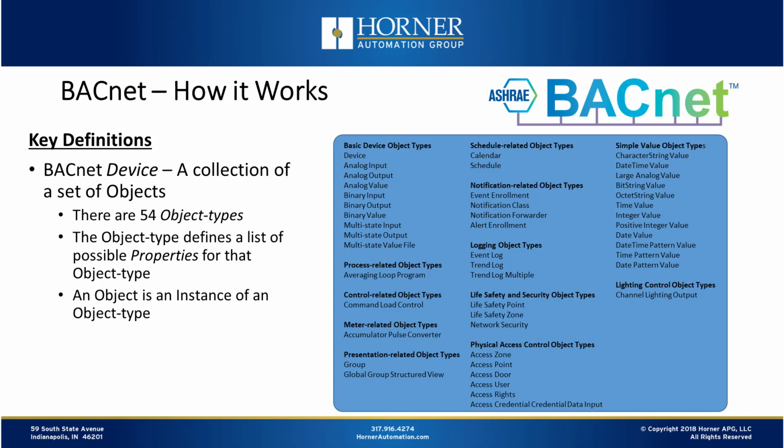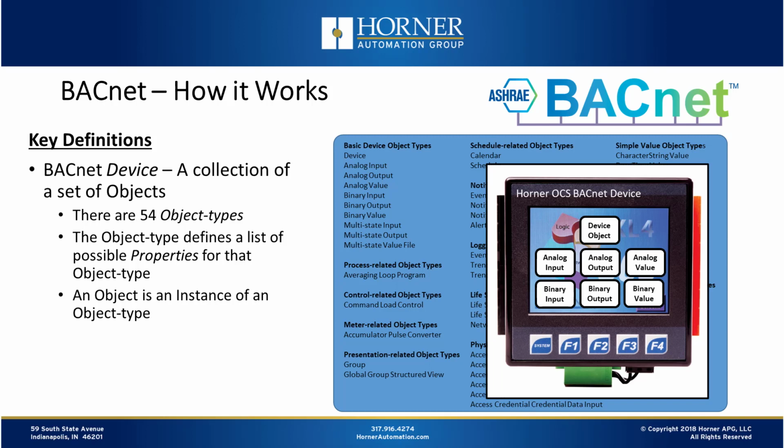So for instance, an object type is an analog input. That's an example of an object type. But a BACnet device might have several analog inputs or several instances of analog inputs. So in that case, you might have one analog input object type, but you may have 8 instances of that same type.